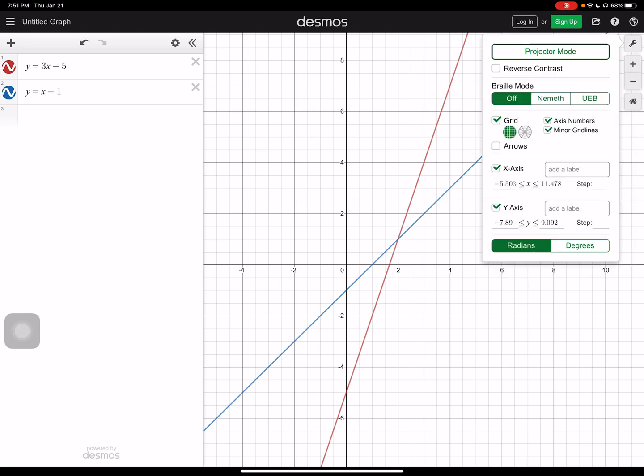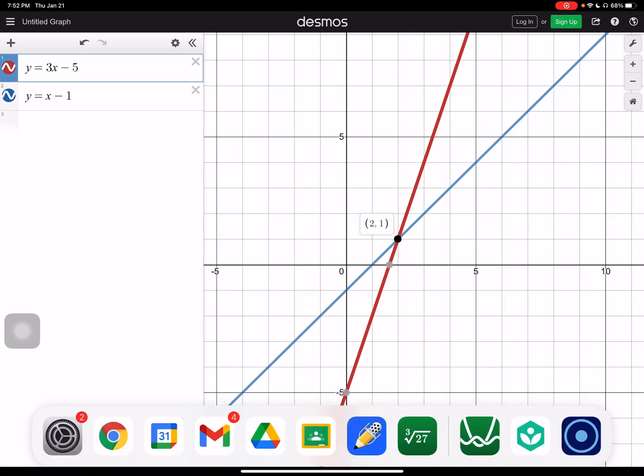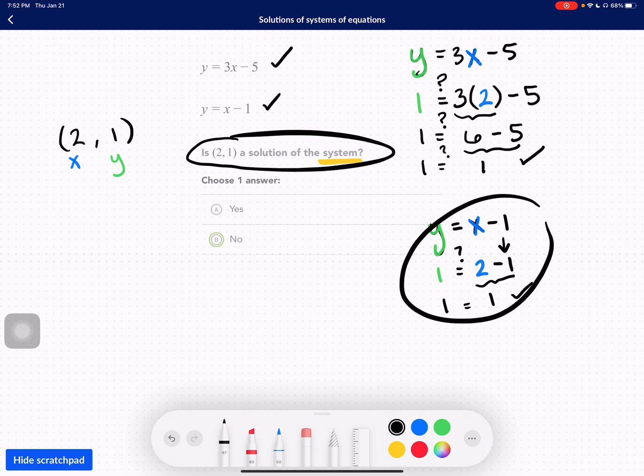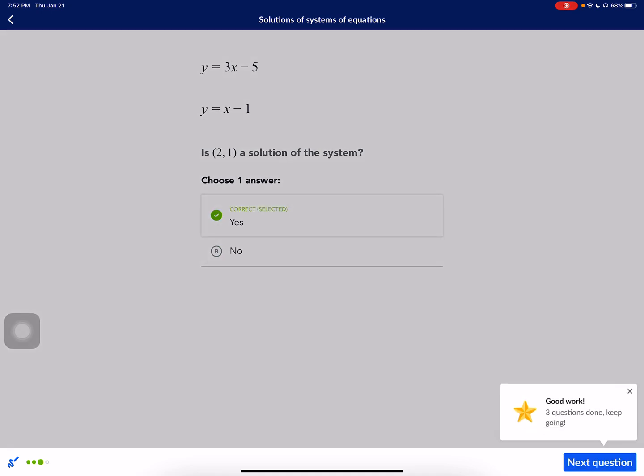And remember, the solution is where two lines intersect. So this is a system of equations, and 2 comma 1 is the solution to this system because they both have that point on their line. And we know that because that's where they cross, right? So just like we proved here with our work algebraically, we're going to choose yes for this answer. So make sure that you pause the video if you don't have all of this written down yet. So this one is yes, it is a solution to the system.